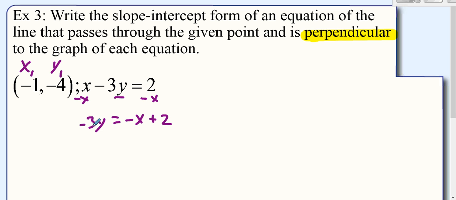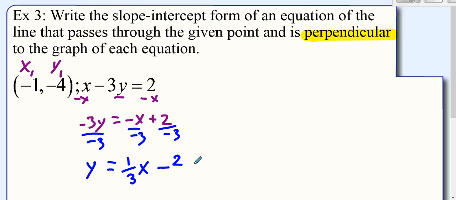We're going to divide by negative 3. And you get y equals, negative over negative is positive, 1 over 3 x. And then positive over negative is negative 2/3. So our slope from this original equation is 1/3.